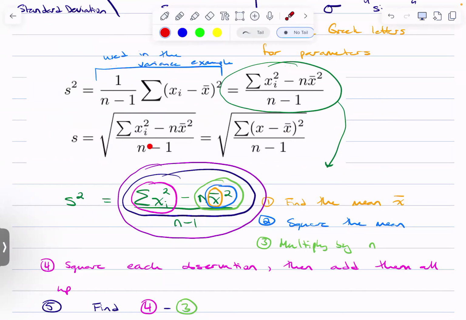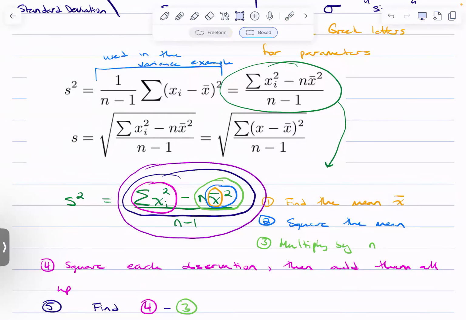We actually already did this one. All right. If you ignore the square root, it is just the formula that we just did, right? The sum of the xi squared minus n times x bar squared divided by n minus 1. And then we took it a step further and took the square root, right?